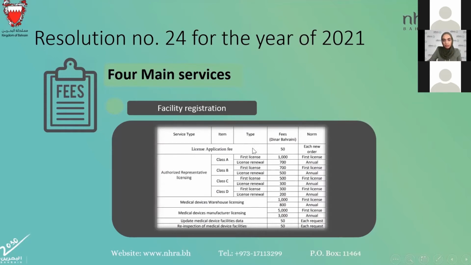And then only after finalizing and before issuing the certificate, the fees of the license must be paid. Same goes with the warehouse and the manufacturer. If there are any variations after issuing the certificate, 50 BD must be paid.